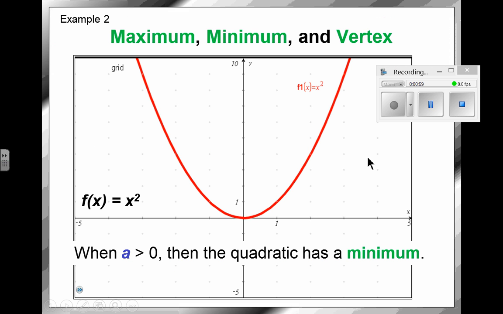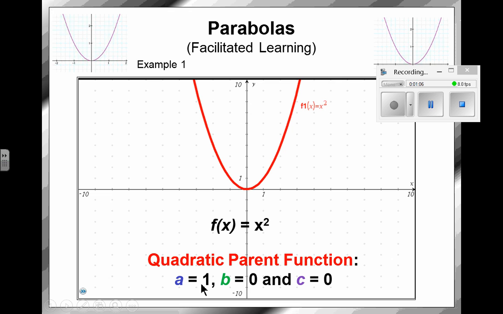There are certain things that happen with a quadratic. You can't see the a value. The a value is the coefficient of the x squared term, and in this case it is 1. We don't need to write a 1 in front of x squared, but there is a 1 in front of it.